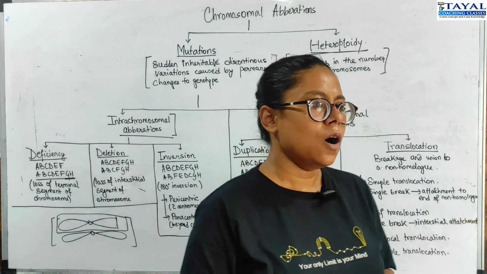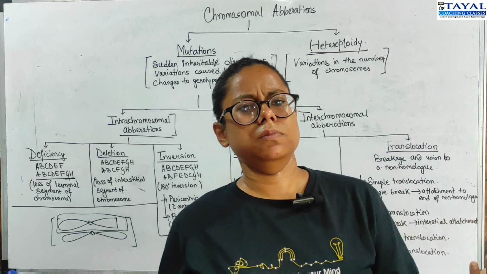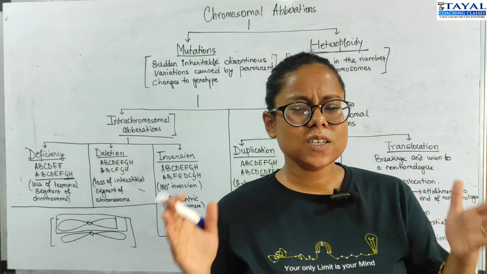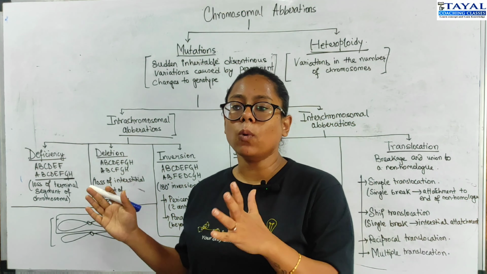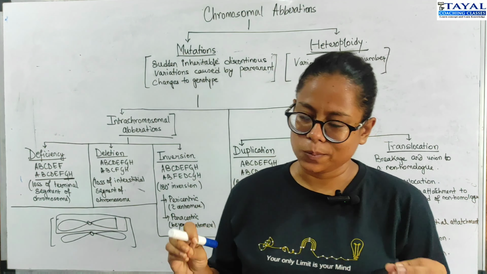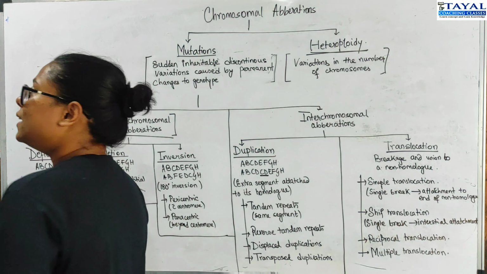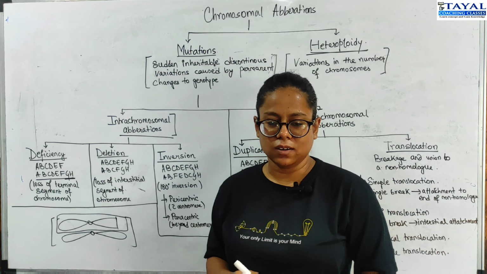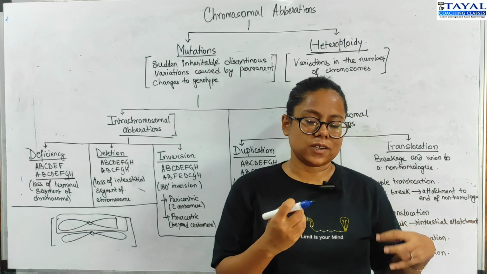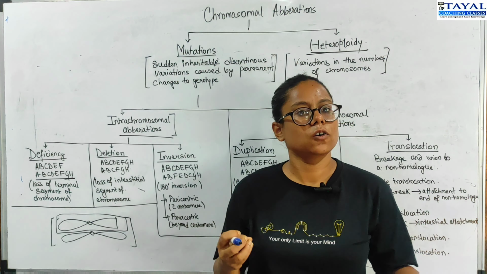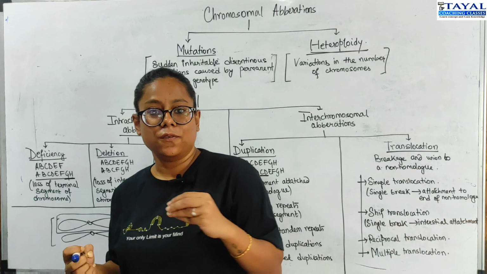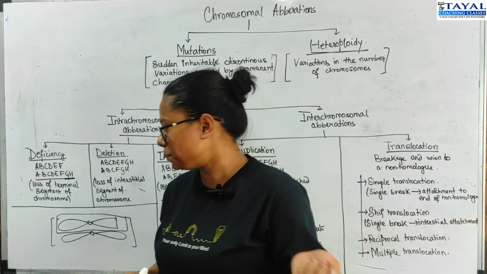So two genes or maybe more can get deleted, but from any one terminal of the chromosome. That is known as deficiency, and it's known as a deficient chromosomal aberration.